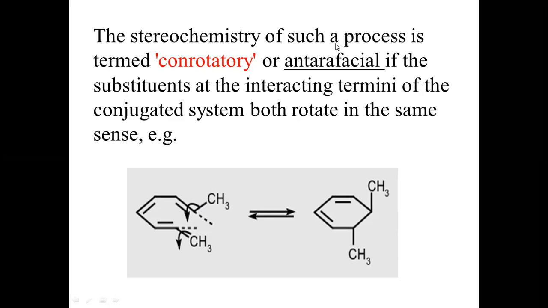The stereochemistry of such a process is termed con rotatory or antarafacial if the substituents at the interacting termini are rotated in the same sense, the same direction.